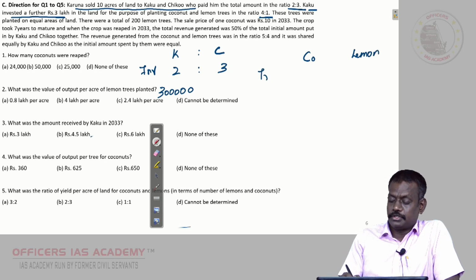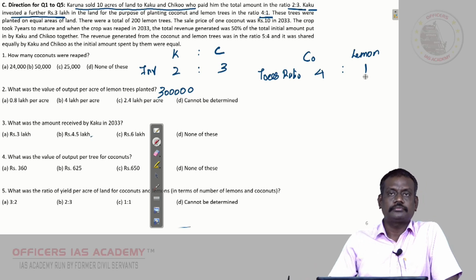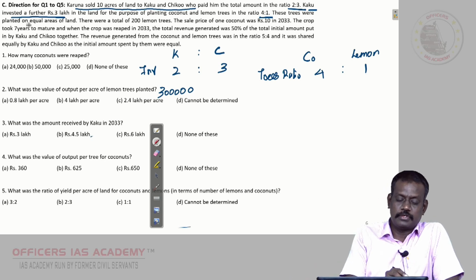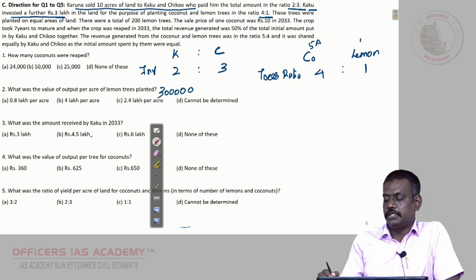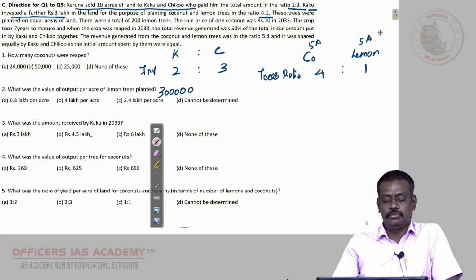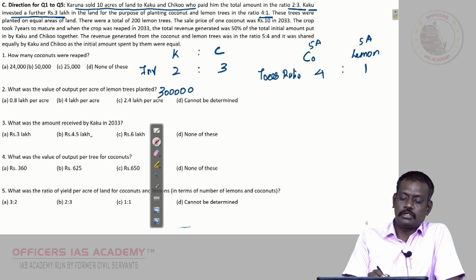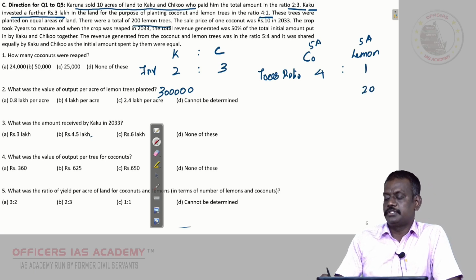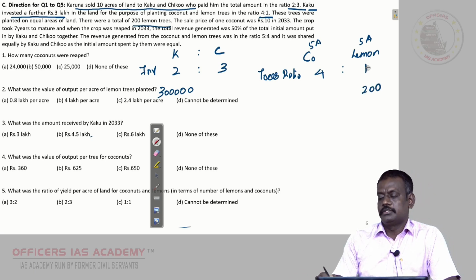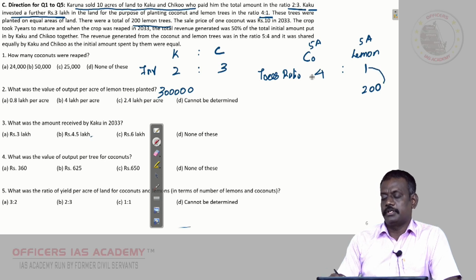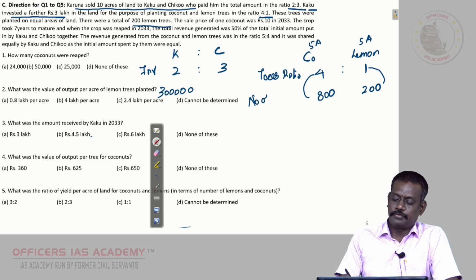And the trees ratio is 4:1. And these trees were planted on equal areas of land. So it means 5 acres, and here this is 5 acres. Okay, and there were a total of 200 lemon trees. If this is 200, one part is 200, means 4 parts will be 800. So this is the number of trees.